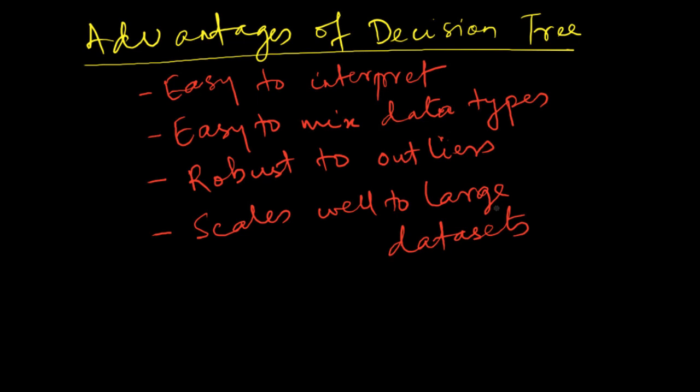But here no such gradient descent or optimization or Lagrange multiplier methods are required. Here you just compute the entropy or the Gini index and do a sorting of those values and then choose the ones which are minimum or maximum depending on which method you are using. That's why decision tree algorithms scale very well to large data sets. So these are some of the advantages of decision tree algorithms.